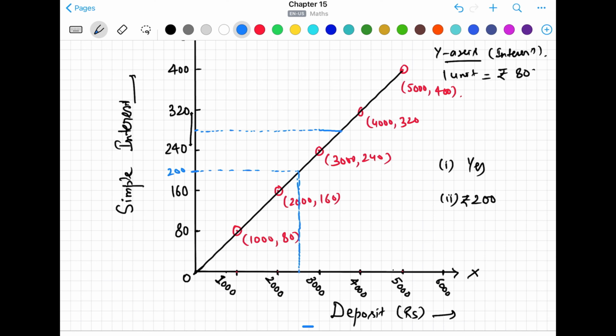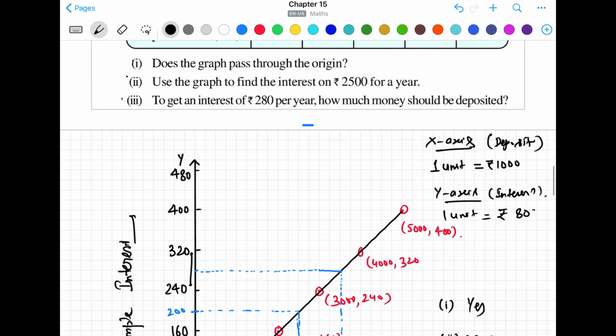Once it cuts the line, come back from this point to the x-axis. We got the point here. That means the amount is 3500, which is between 3000 and 4000. So that is 3500 rupees. For this amount we get the interest of 280 rupees.